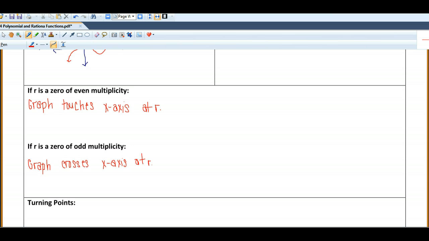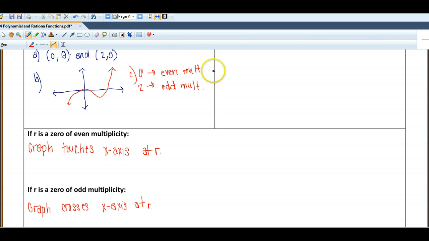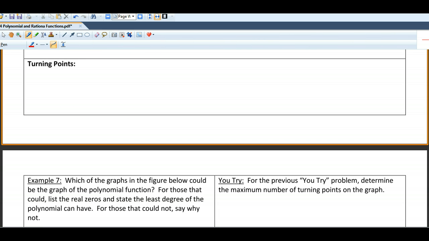So for example, up here, 0 was of even multiplicity. That's why the graph just touches at 0, 0 and then comes back. 2 is of odd multiplicity. That's why it completely crosses the x-axis. So that's another way you can tell if you don't have the equation and only have the graph.